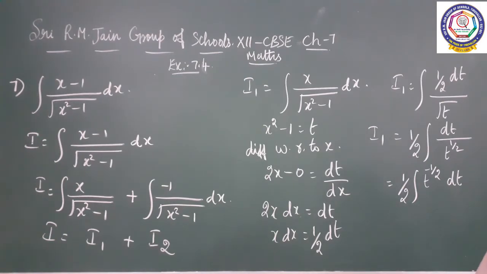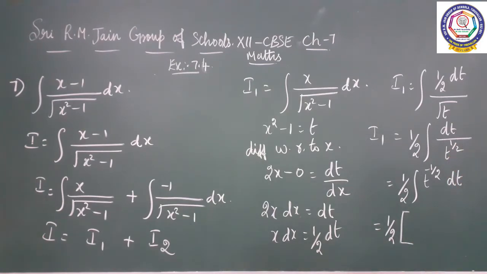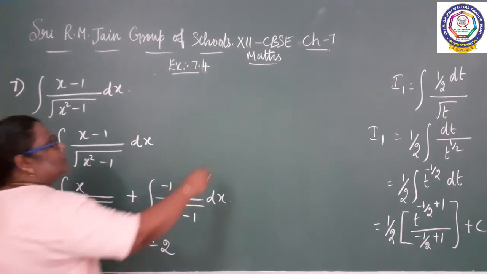The integral of x power n into dx equals x power n plus 1 by n plus 1. So it gives 1 by 2 into t power minus 1 by 2 plus 1 by minus 1 by 2 plus 1, plus c.